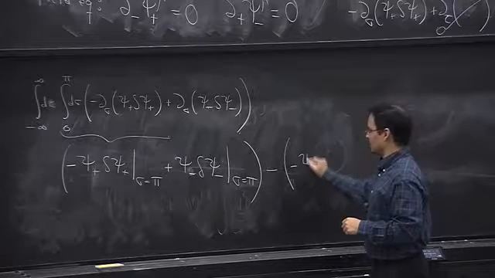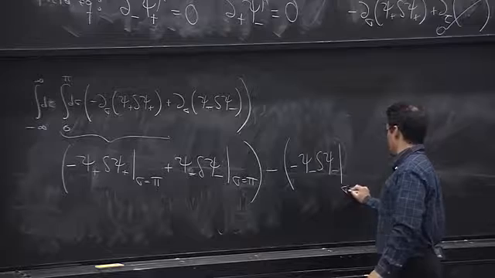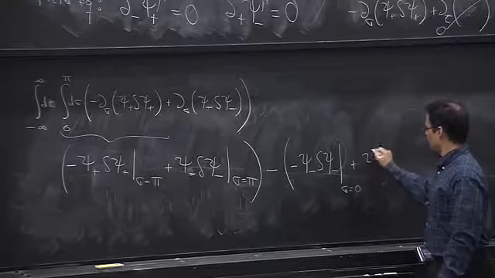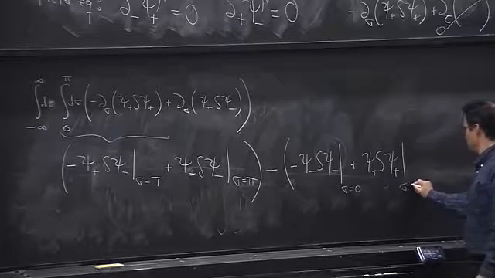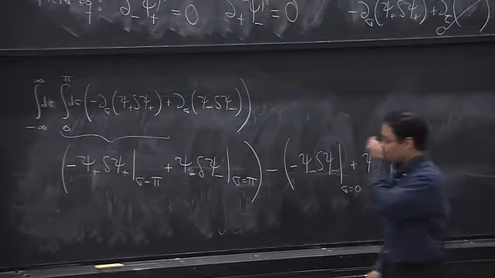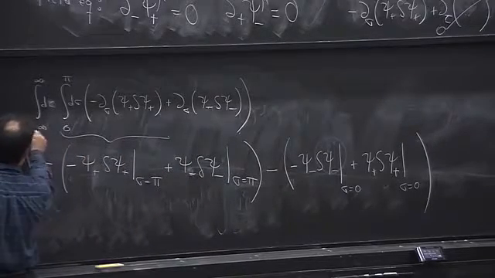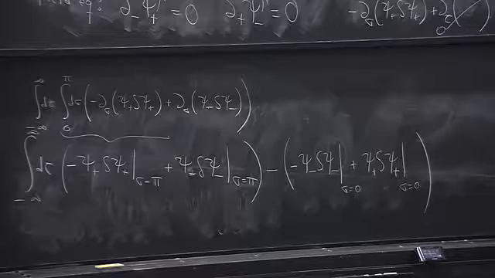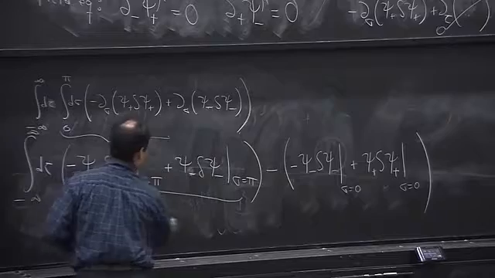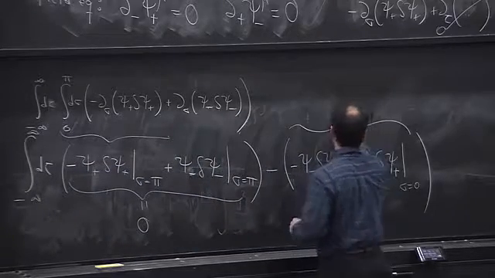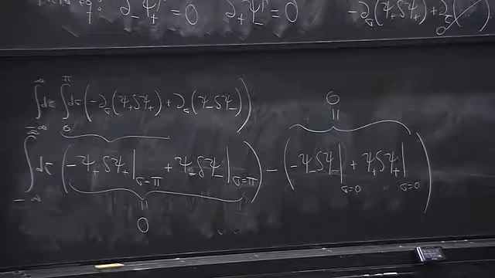Minus a contribution at sigma equals 0. Okay. And all this thing integrated in tau. So we want these things to be 0 independently. Okay. So those are the conditions we have to impose.